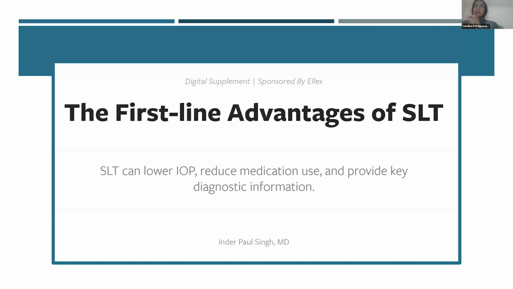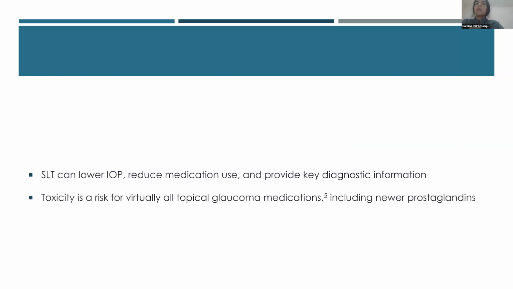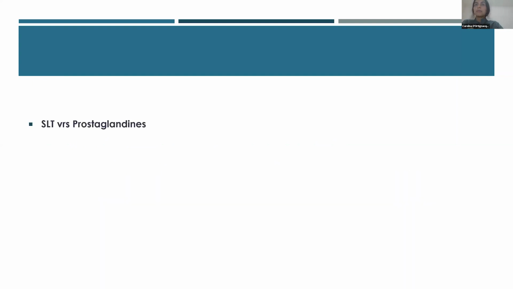And this one talked about the first-line advantages of SLT. SLT can lower IOP, reduce medication use, and provide key diagnostic information. Toxicity is a risk for virtually all topical glaucoma medications, including newer prostaglandins.